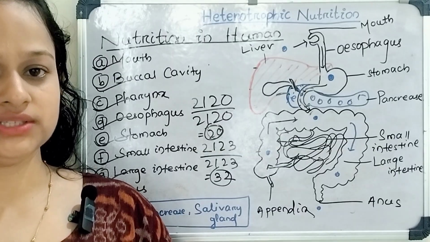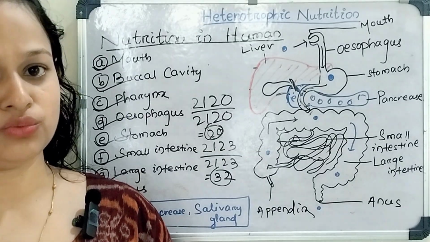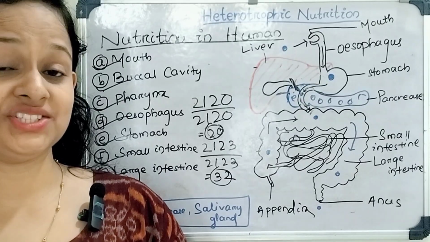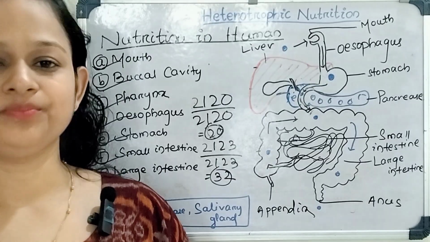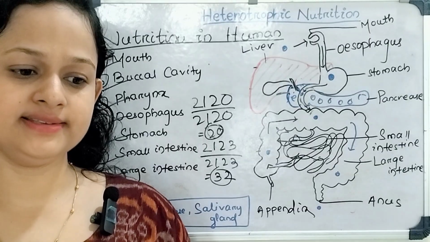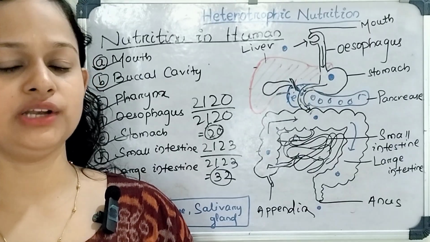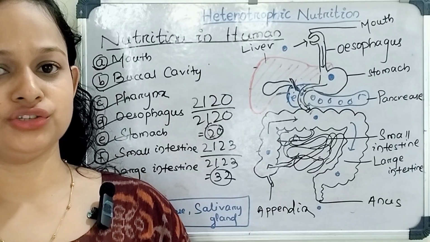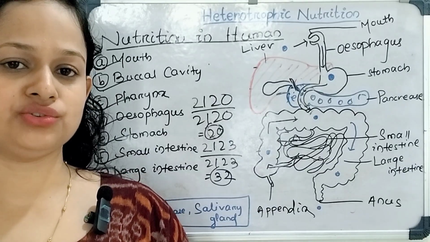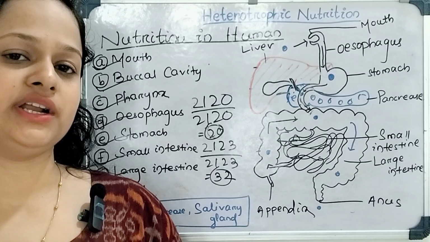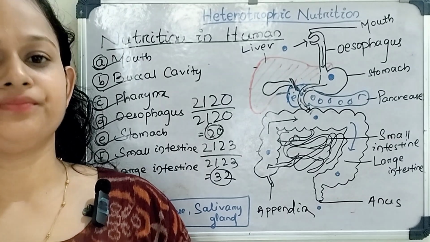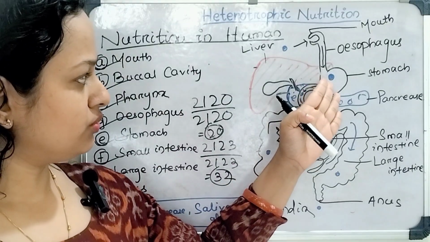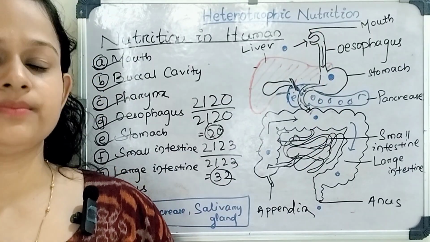The stomach is a J-shaped pouch-like structure with three parts: cardiac, fundus and pylorus. At the junction of the esophagus and stomach there is the esophageal sphincter, which prevents backflow of food from the stomach into the esophagus.